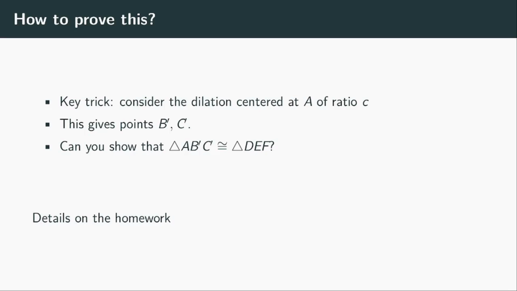It's up to you exactly how you work that out. But the key trick is to consider the dilation centered at A of ratio C, and that gives you points B prime, C prime. And really what you want to do at that point is to show that triangle A, B prime, C prime is congruent to triangle DEF. So take a look at that on the homework and see if you can figure out the details of that argument.